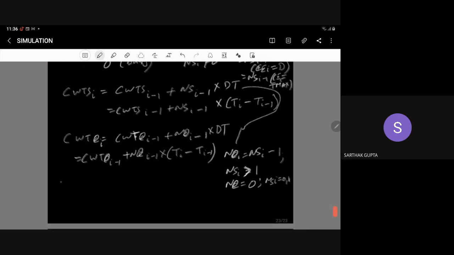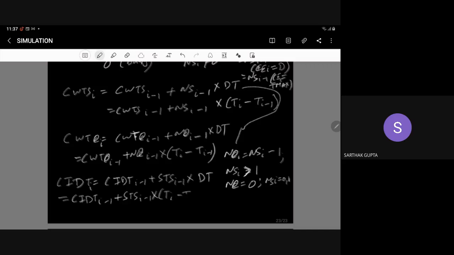Similarly, CIDT at the current event time is the CIDT of previous time plus STS of the previous time times the difference of time, that is, current time minus previous time.